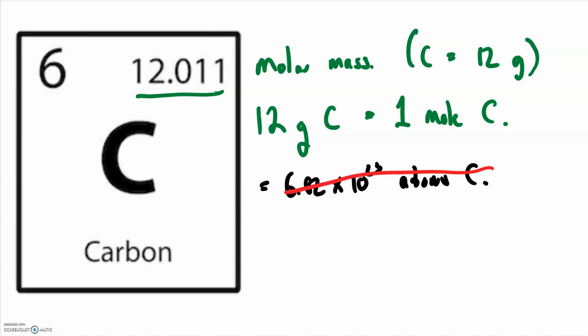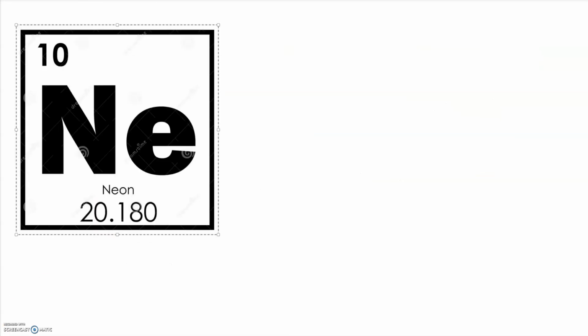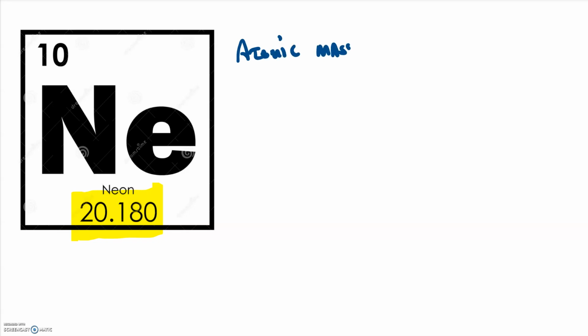Let's just crank out a couple of moles and see how this works. Every element has its own atomic mass that is equal to its molar mass. So for neon, its atomic mass is 20.18 atomic mass units.